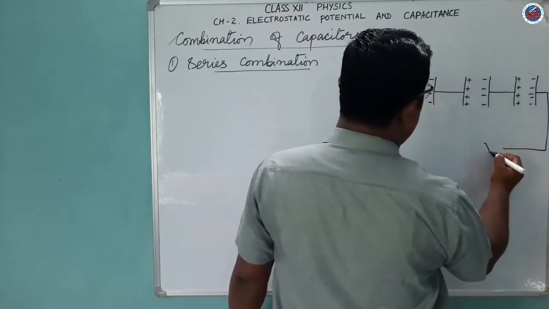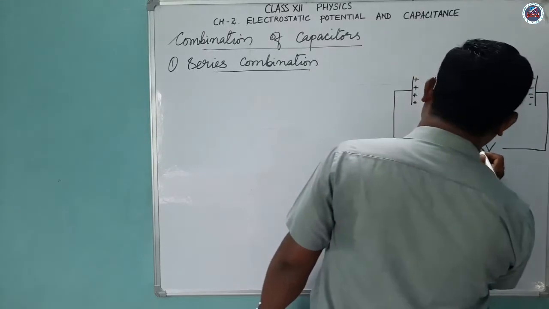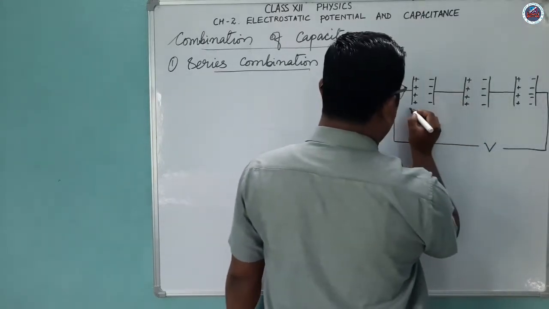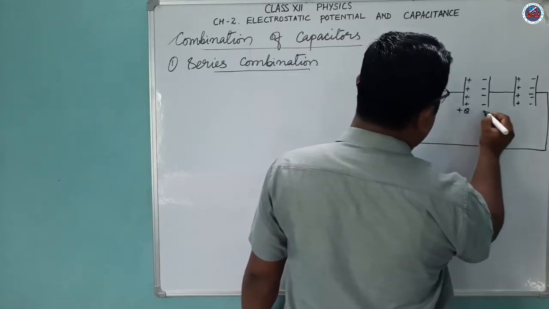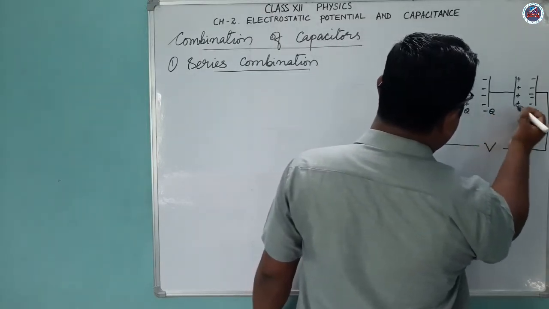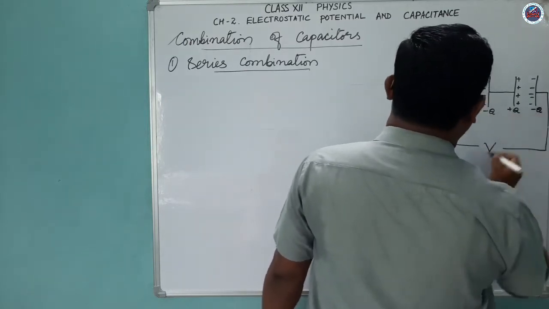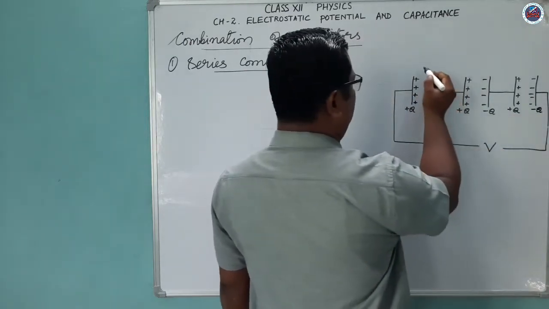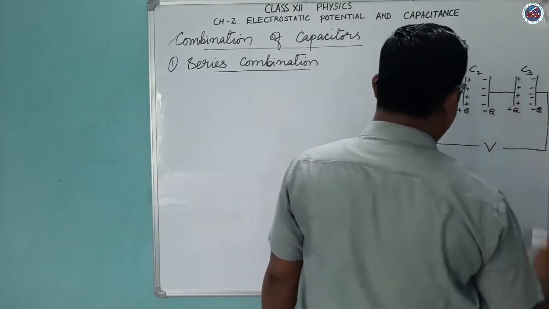Suppose the potential difference applied at the ends of the combination here is V. This is the positive plate, plus Q, this is minus Q, this is plus Q, minus Q, plus Q, and this is minus Q. And this is C1, the first capacitor, C2, the second capacitor, C3, the third capacitor.